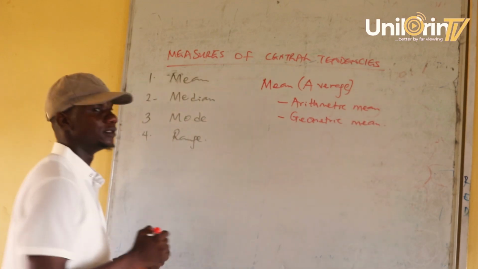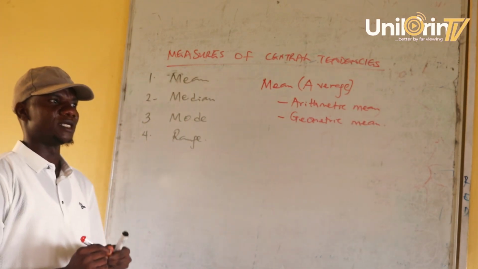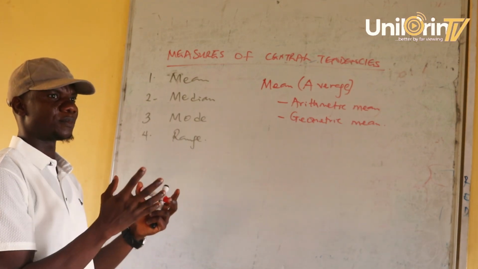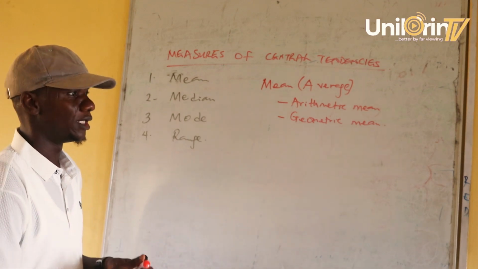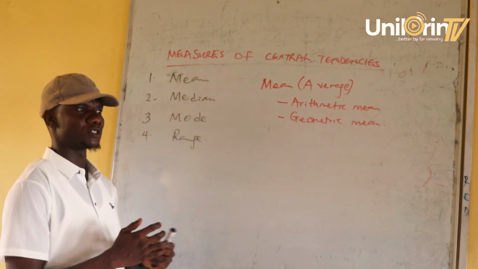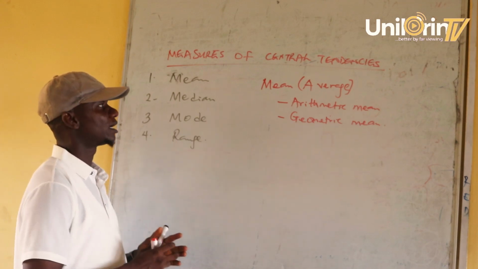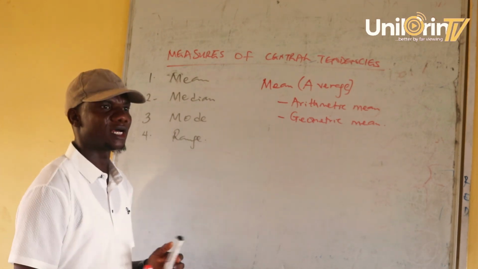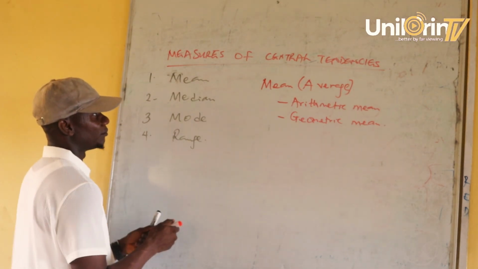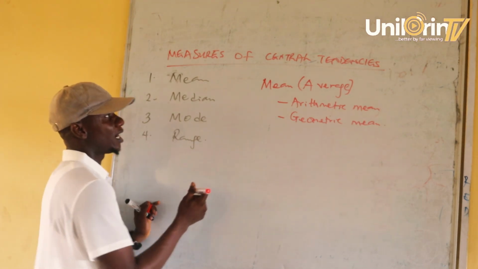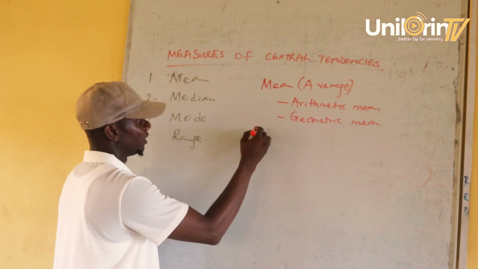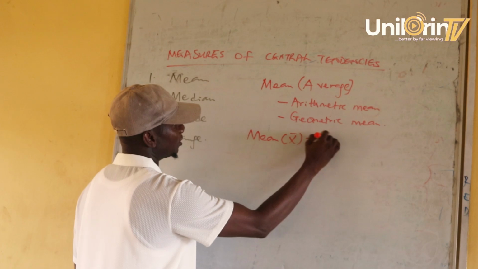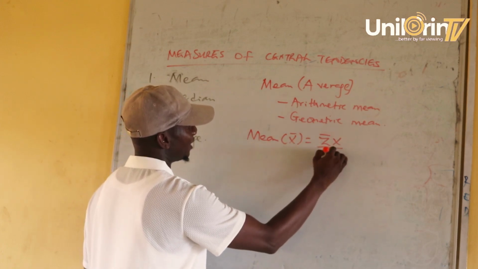The arithmetic mean is a value that you calculate as a representative of a population. Say if you have observations altogether, one particular value that can stand out for them is what you call an arithmetic mean. The others revolve around it. It is given as mean, x bar, is sum of x divided by n.